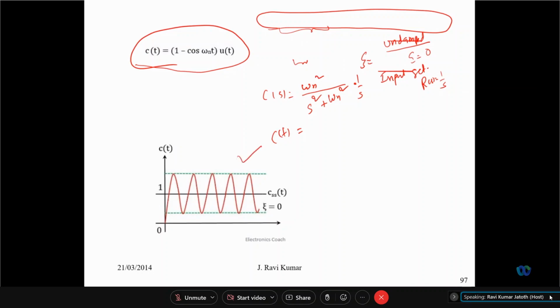If you try to plot, you are going to get a response like this. Is this fine?